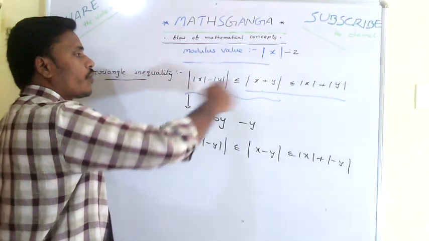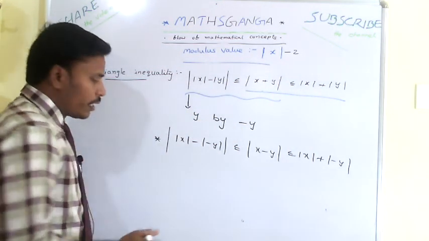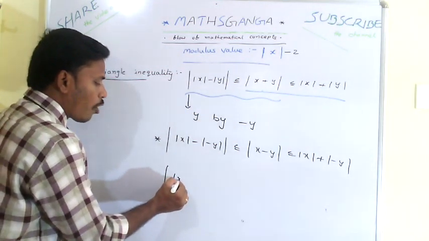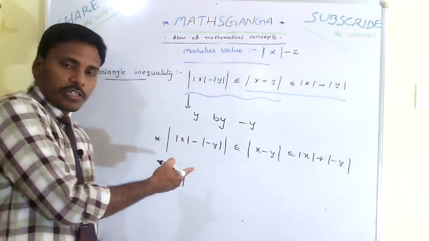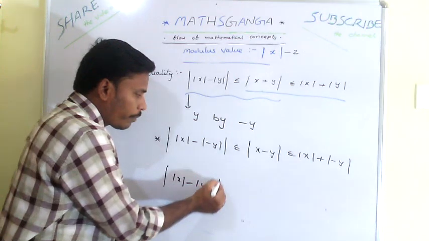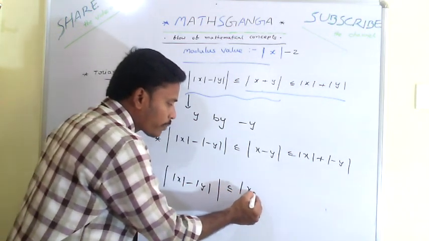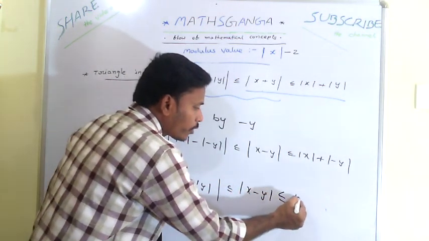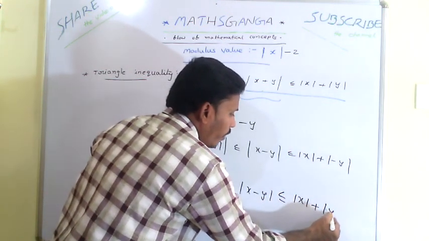Replacing y with minus y everywhere in the triangle inequality. After simplification, and as I already mentioned, mod minus y is again equals to mod y. So mod x minus mod y is less than or equals to mod x minus y is less than or equals to mod x plus mod y.